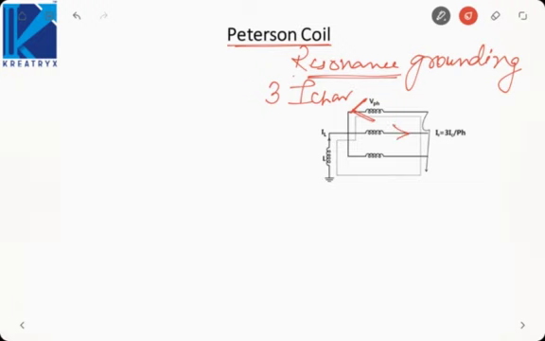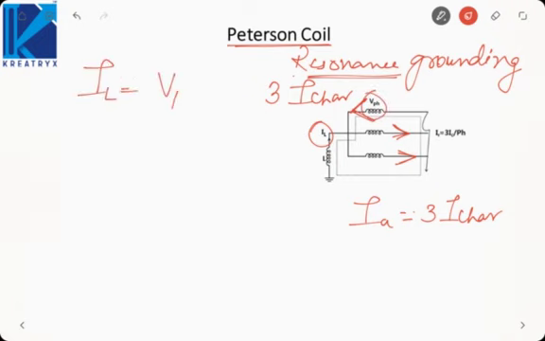Okay, that was being divided into the two phases. Here I have grounded the A phase, so IA will be equal to 3 times I charging. When we were doing the derivation, we were grounding the C phase, so C phase current was coming out to be 3 times I charging. Now this current should be cancelled out by this IL. So IL is actually V phase by XL.